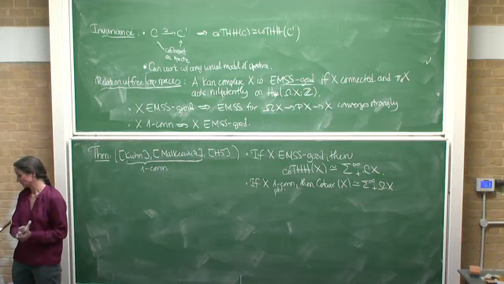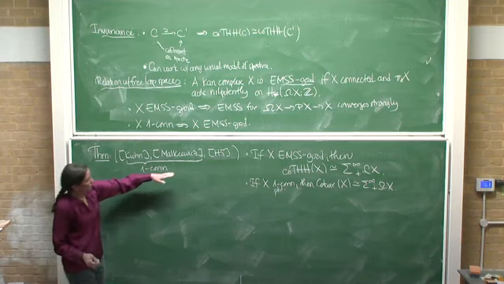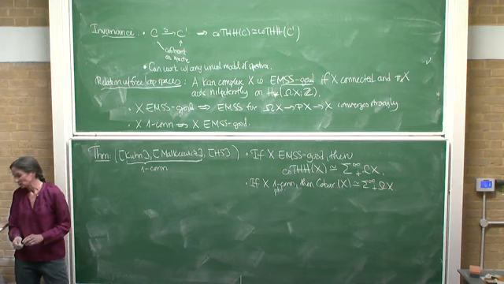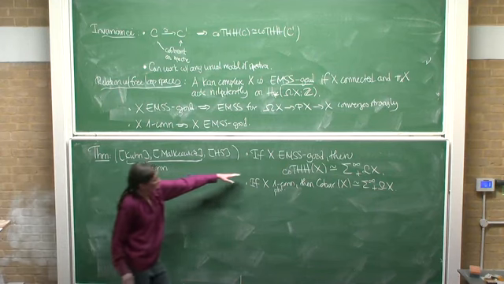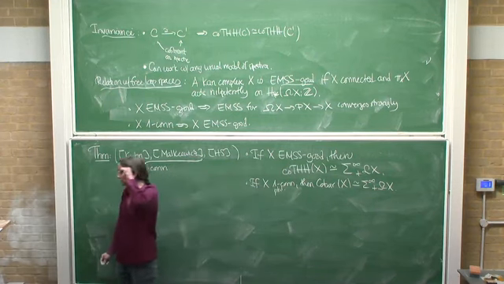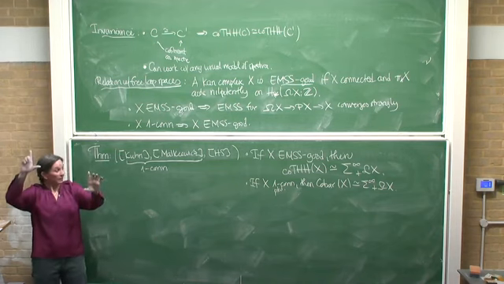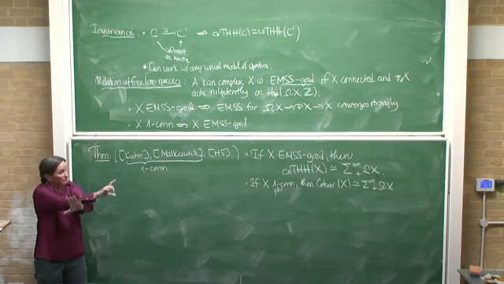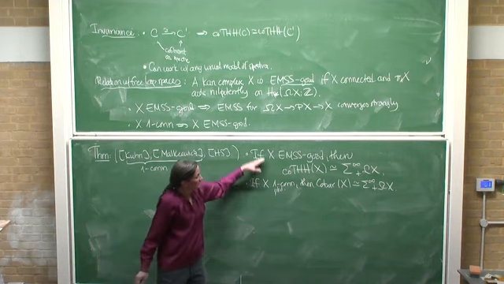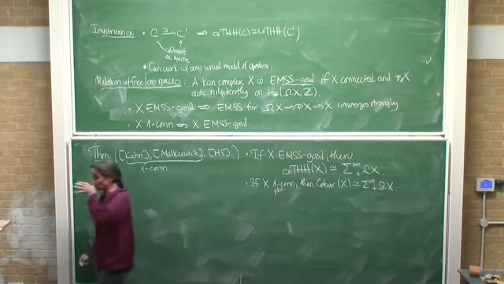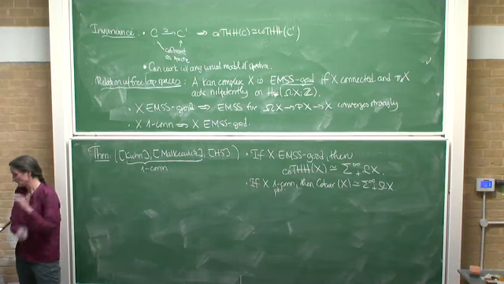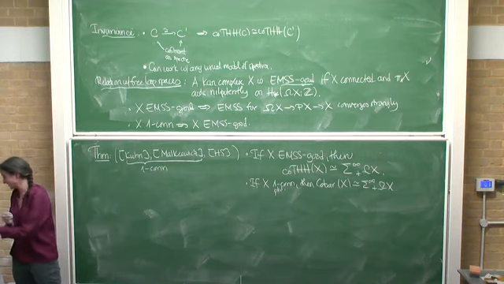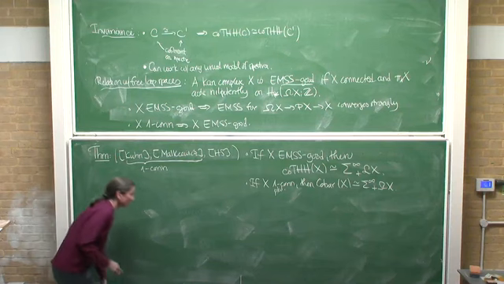I'm not going to write anything down about the proof of this, but the importance of this EMSS good condition is just the fact that we really want to be able to commute the suspension spectrum functor through this Tot functor, this Tot bar functor. And that requires some nice strong convergence results with the Eilenberg-Moore spectral sequence. But it also has to be quite careful with base points, which was a bit of a struggle, but we got there.